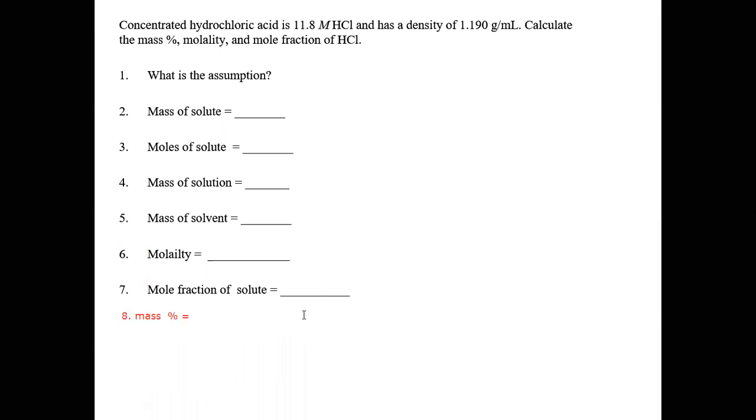We're also going to need the moles of solvent. Let me squeeze that in right here. All right. So we fill in all the stuff in this table. We can calculate the molality, the mole fraction of solute, and the mass percent of solute as well.